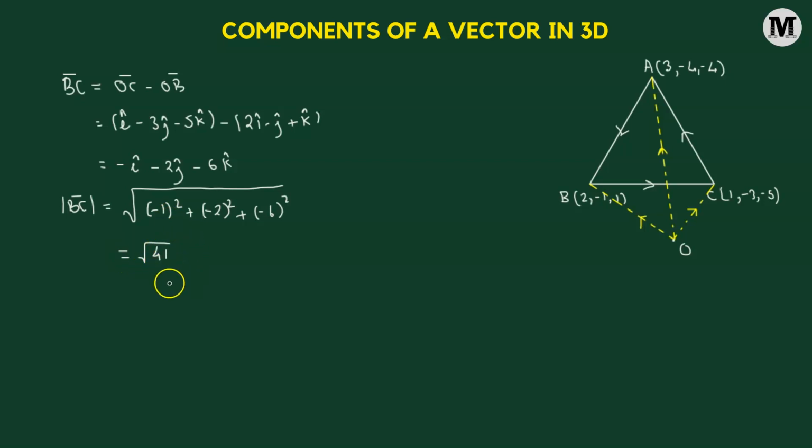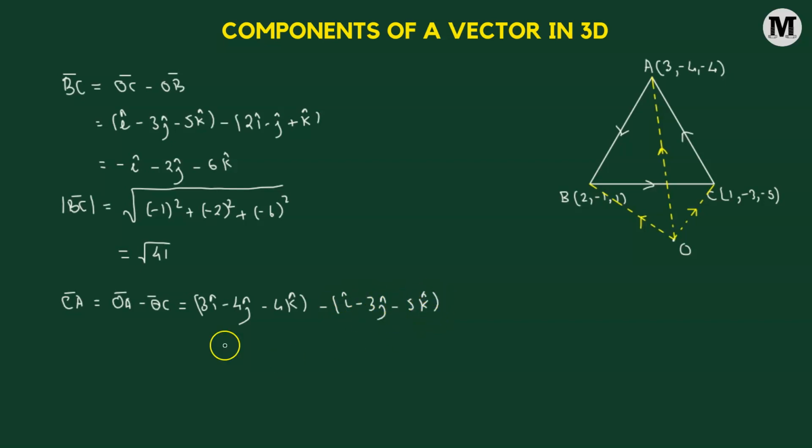Right. And then we will come to the vector CA. CA vector is going to be equal to OA vector minus OC vector. The OA vector is 3i cap minus 4j cap minus 4k cap. And from here, we'll subtract OC vector, that's i cap minus 3j cap minus 5k cap.